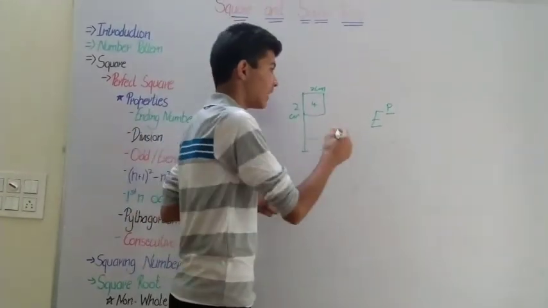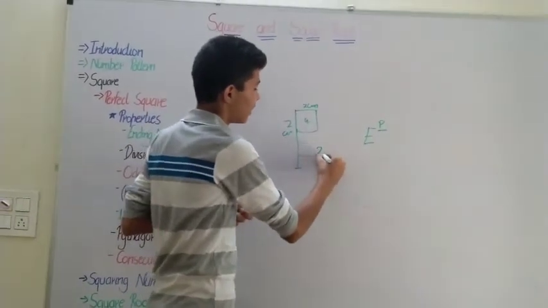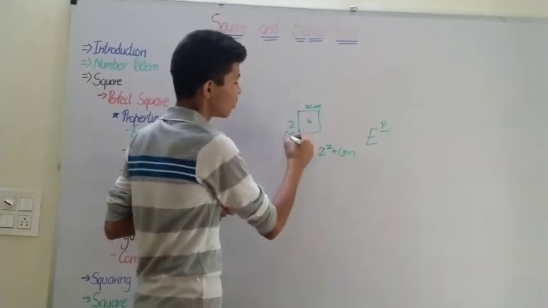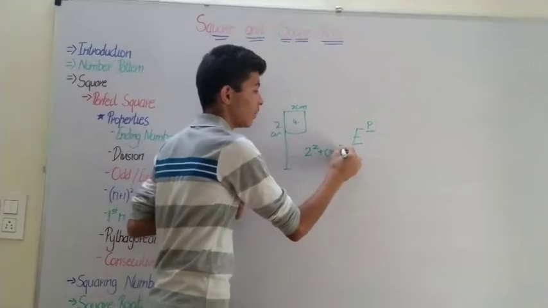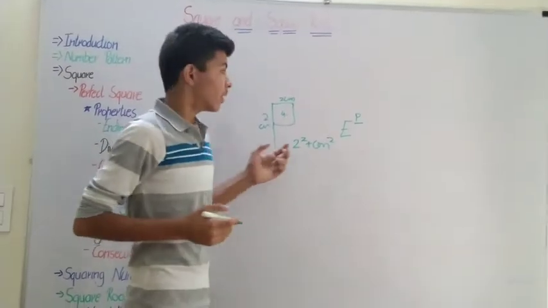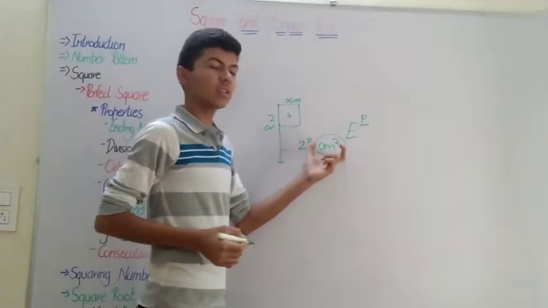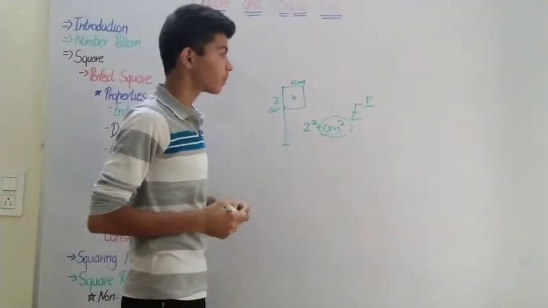So we can write this as 2 square centimeter, because centimeter is also multiplied with centimeter, so we write centimeter square. If anything is given, the area is defined as the square of that unit.